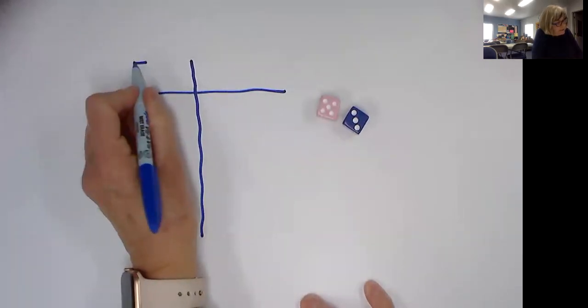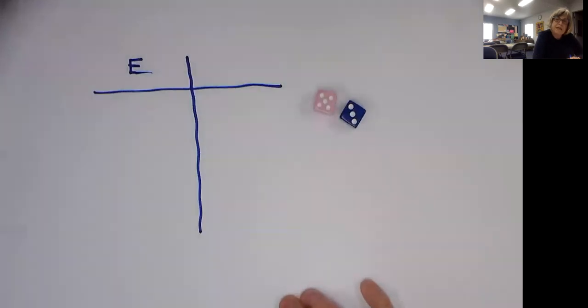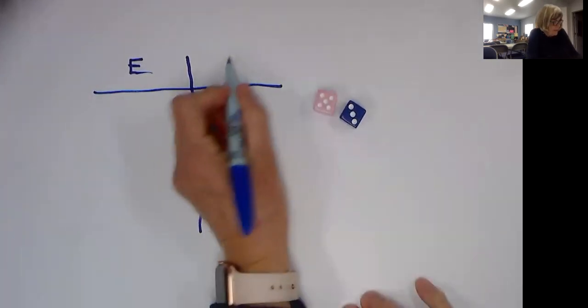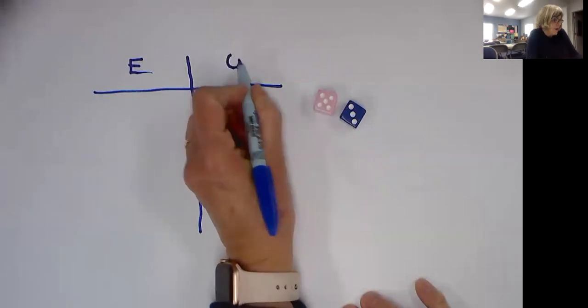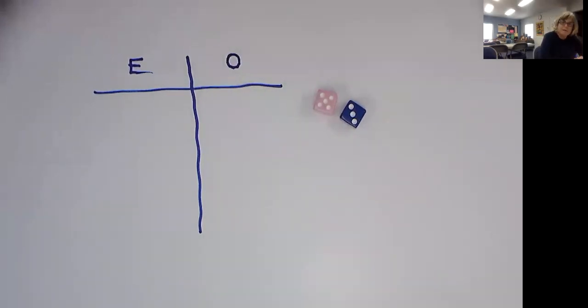You're going to label the left-hand side with an E. What do you suppose that stands for? Oh, that's right, even. Label the right-hand side with an O. That stands for odd. Now, what we're going to do is we're going to roll 10 times and we're going to see whether our sums are even or odd.